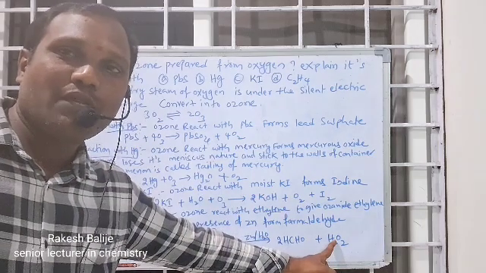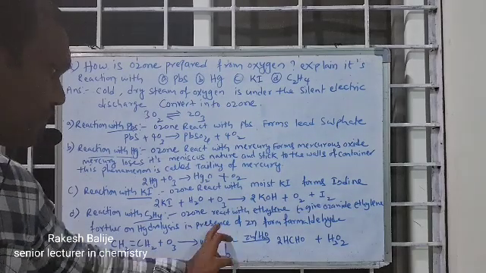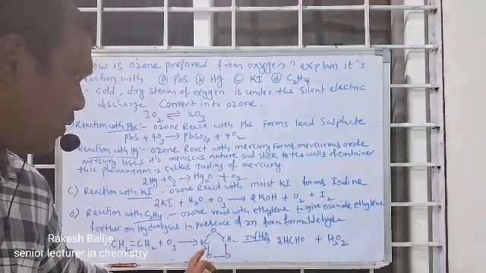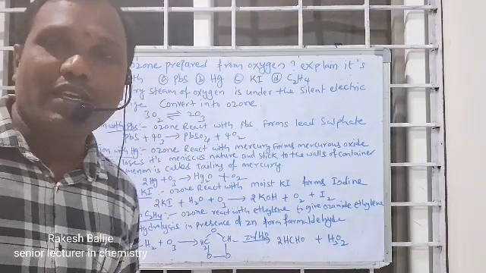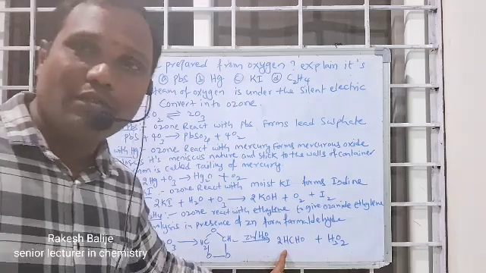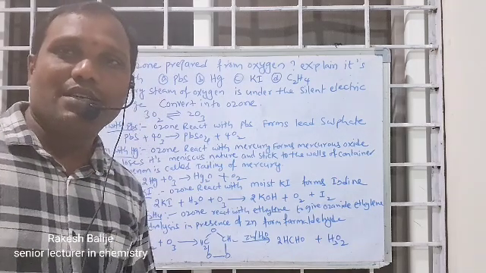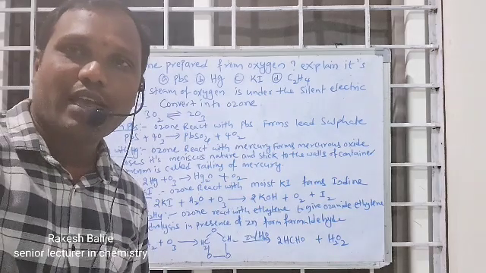The remaining moles of oxygen are 2. Here carbons are 2, hydrogens are 4, 2 and 2. Everything is balanced. The compound formed is formaldehyde. This is about ozone preparation and its reactions. Thank you.